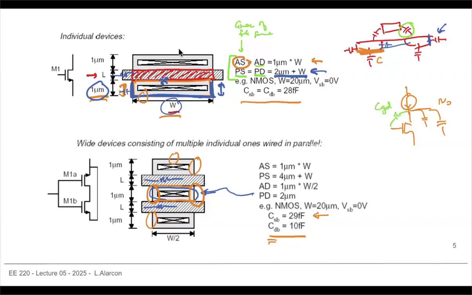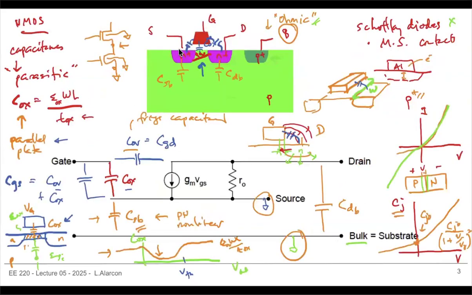If this is your source, this is your gate and drain, so that CGD appears there. And it turns out, even though it's relatively small, as we saw, that capacitance is just an overlap capacitance, relatively small compared to everything else.